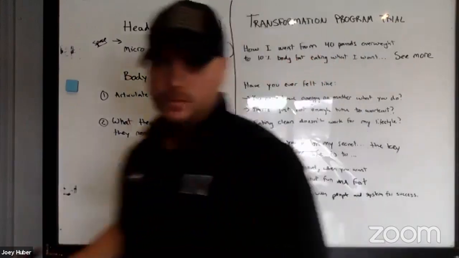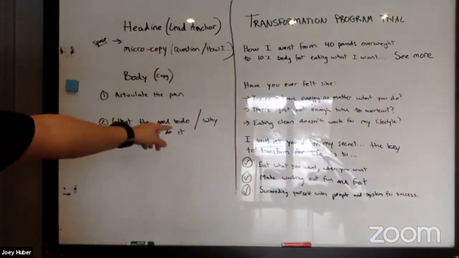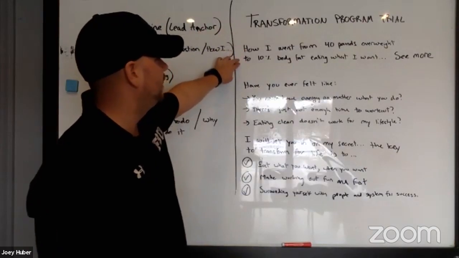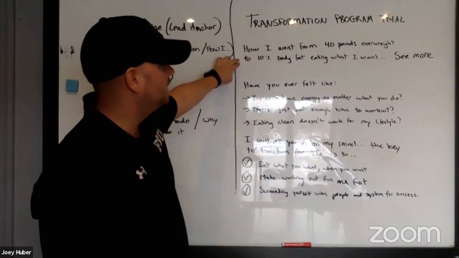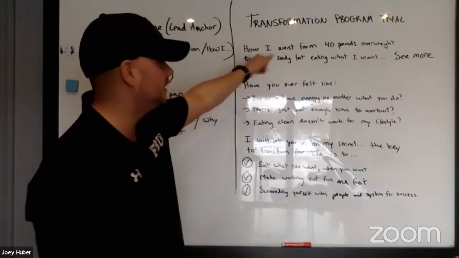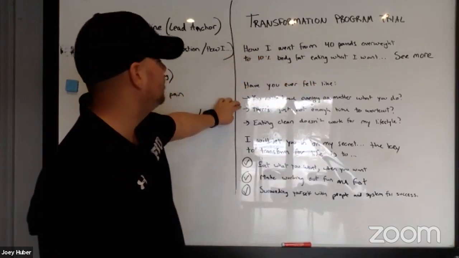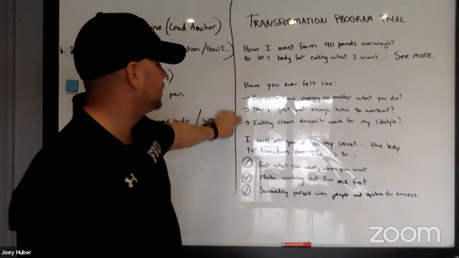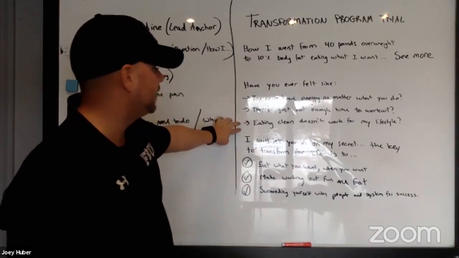Okay, cool. So, transformation program trial. How I went from 40 pounds overweight to 10% body fat, eating what I want. Then you have to see more. They click see more. Have you ever felt like you never have enough energy no matter what you do? There's just not enough time to work out. Eating clean doesn't work for my lifestyle.